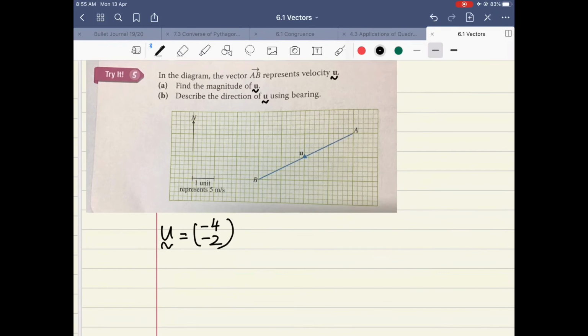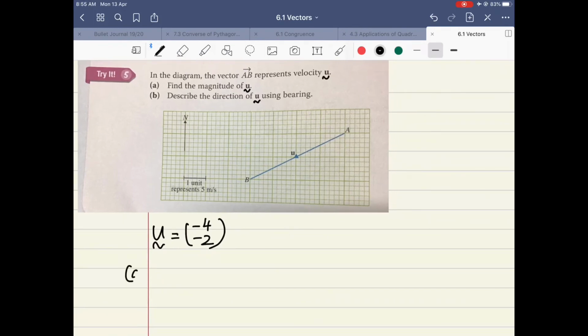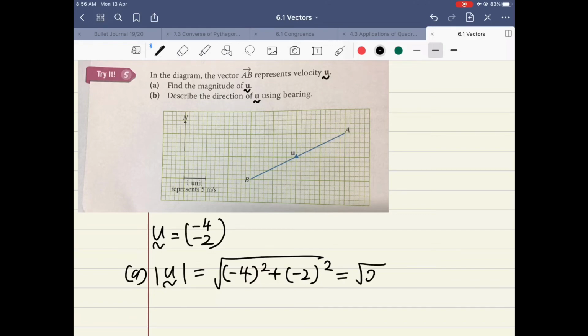Now, if I want to find the magnitude of vector u, what I do here is this. The magnitude of vector u is equals to the square root of negative 4 square plus negative 2 square. We quickly compute that, it is equals to square root of 20 units. But be very careful here. They say here that 1 unit represents 5 meters per second. So what we have to do here is to multiply it by 5.